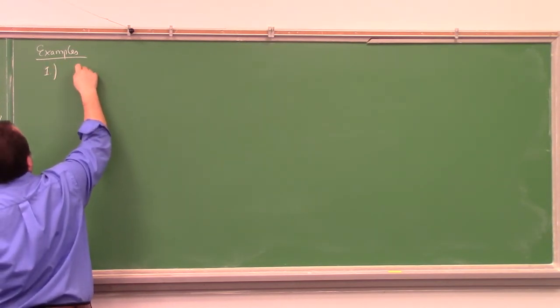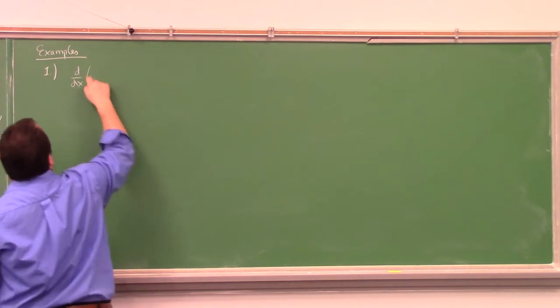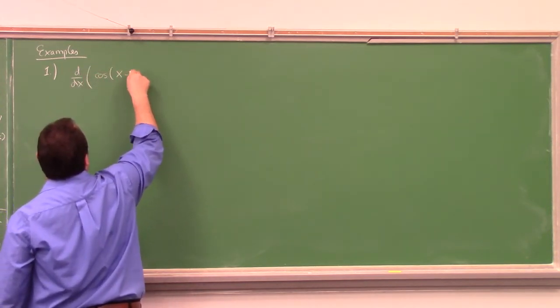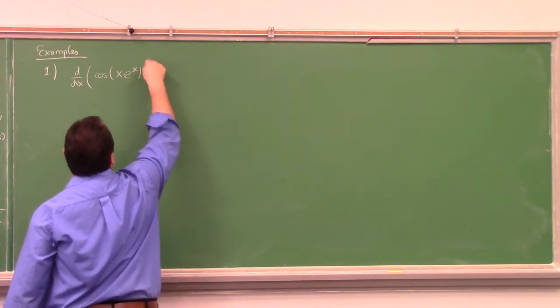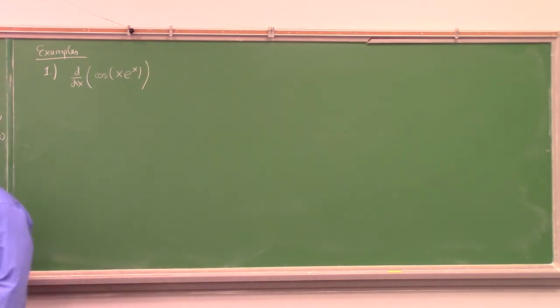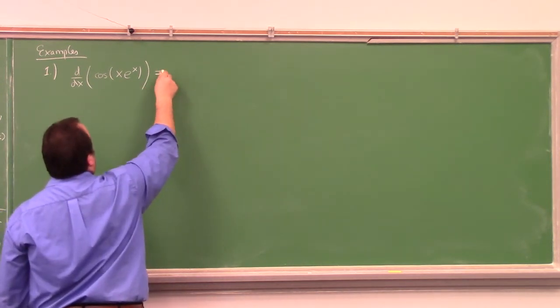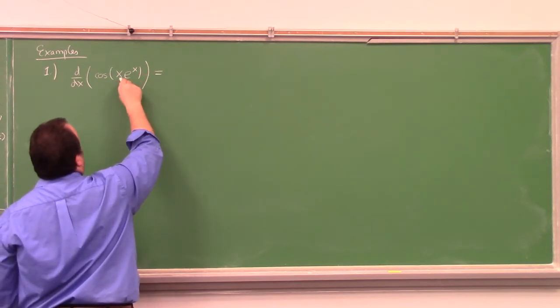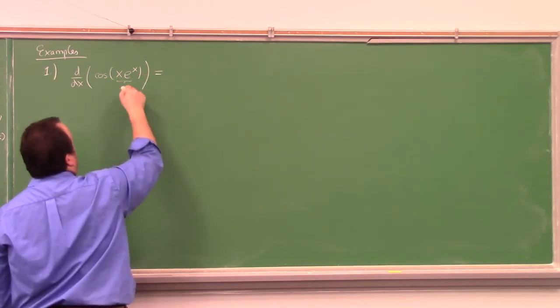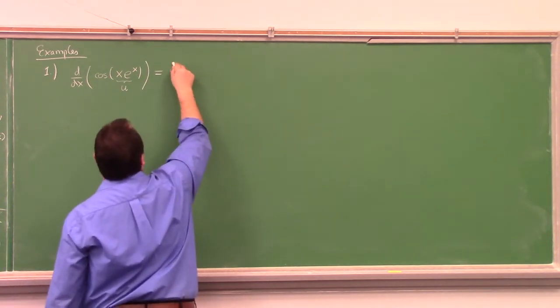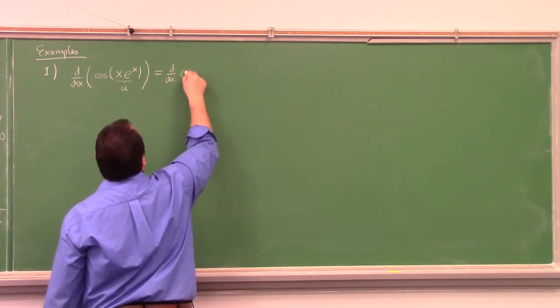How about d dx of the cosine of x times e to the x? So what we're going to do here, we're going to think of this as being the u. And so we have d dx of cosine of u.